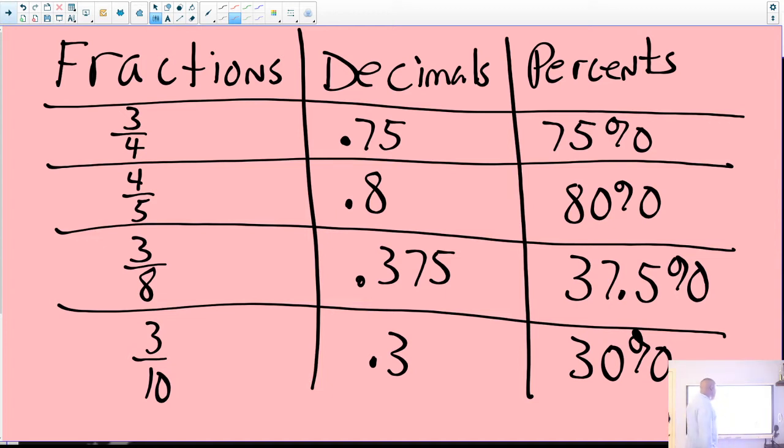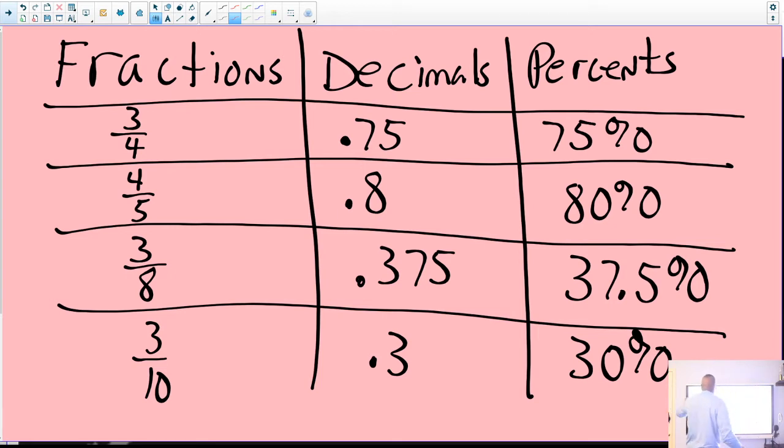Fractions, decimals, and percents are all related. 3/4 equals 0.75 equals 75%. 4/5 equals 0.8 equals 80%. 3/8 equals 0.375 equals 37.5%. 3/10 equals 0.3 equals 30%. They can all be converted to one another. I'm going to teach you how to do that, and then I'm going to show you how to find the percent of a number.